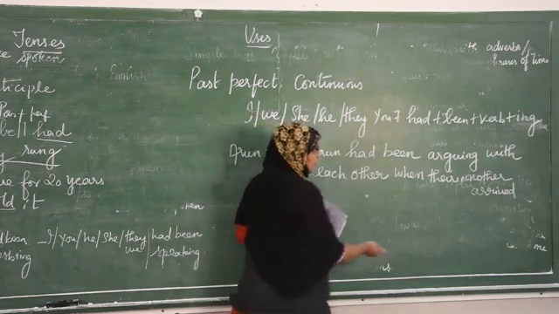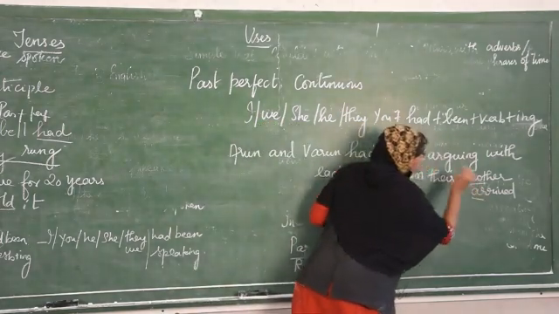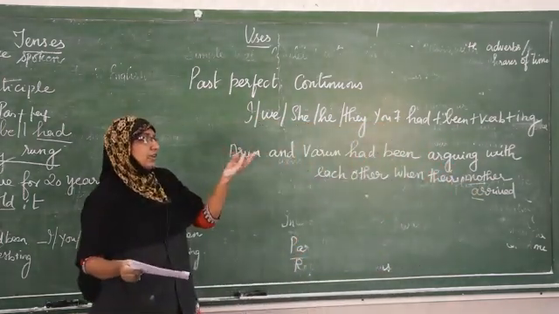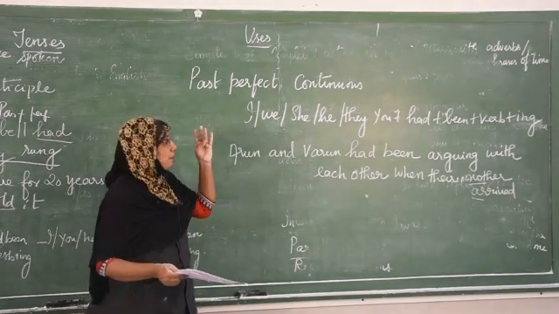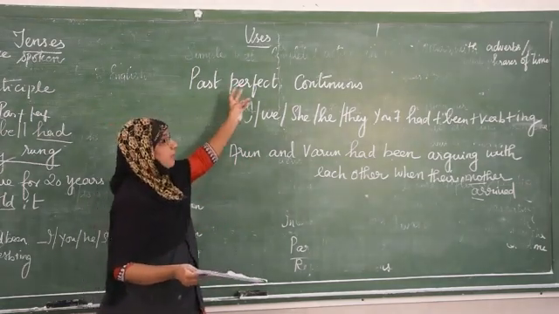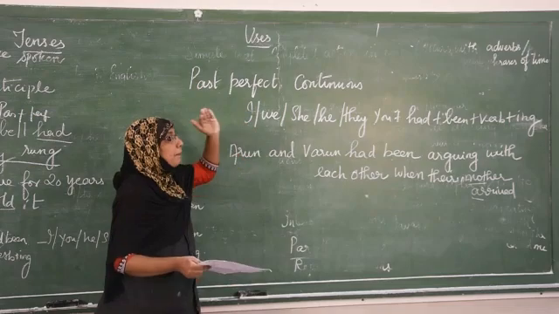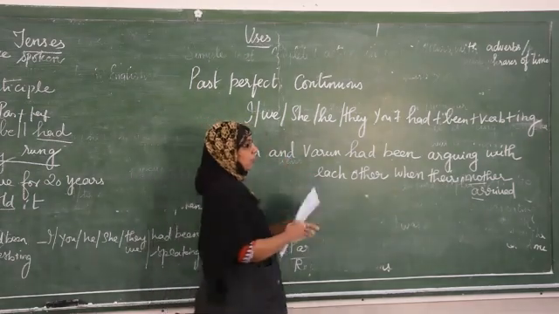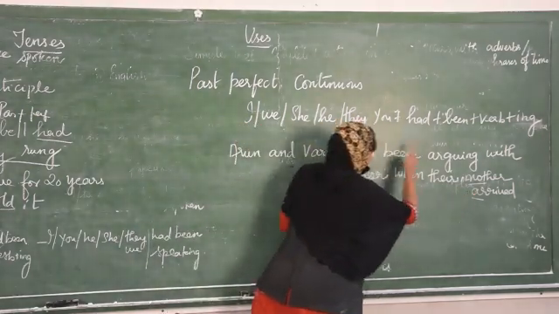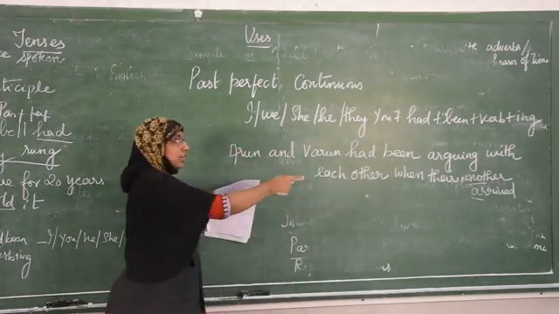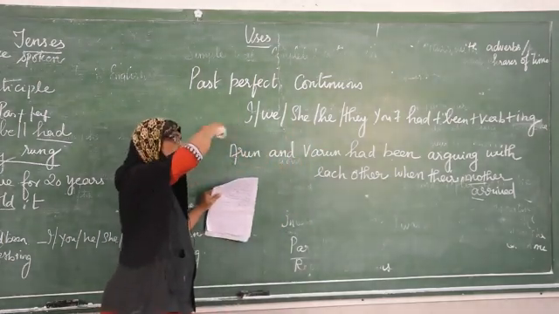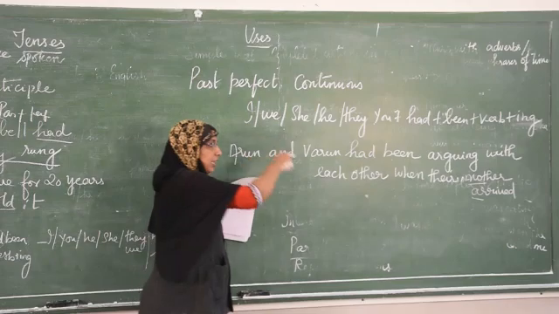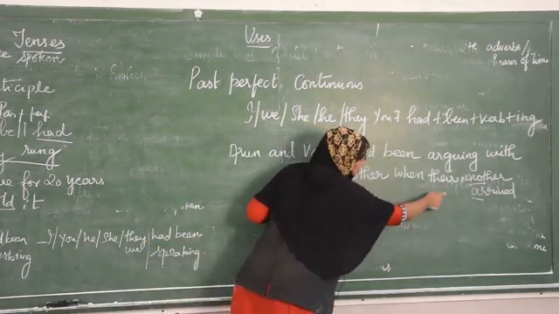Which is the second action here? Mother arrived. Always remember, whether it is past continuous or past perfect or past perfect continuous tense, the second action will always be in simple past tense. So this action had already begun in the past. It was going on for some time till another action took place in the past.